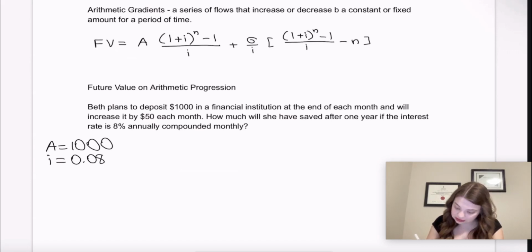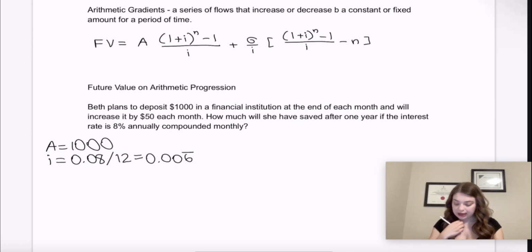And then, of course, we need to divide that by the number of compounding periods per year, which is 12, to get the equivalent monthly rate. So that is going to be 0.006 repeating.